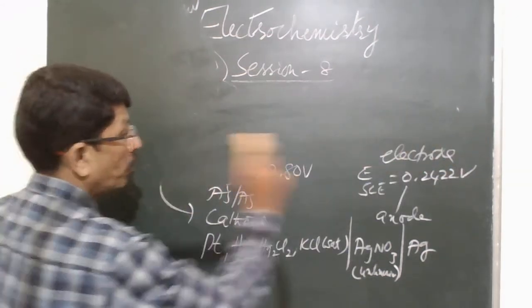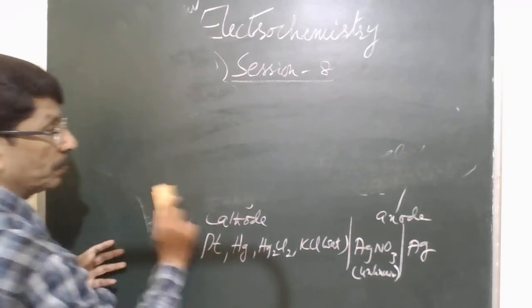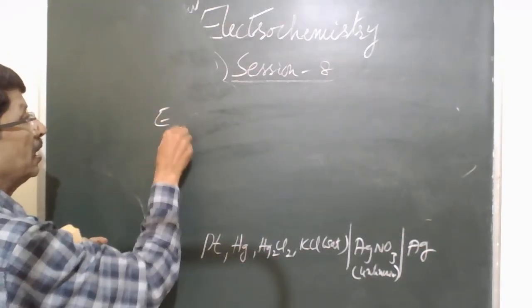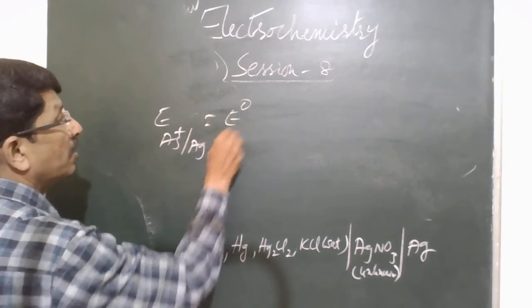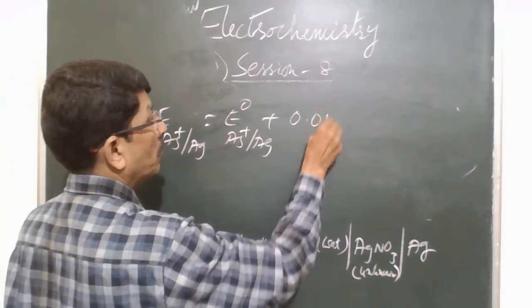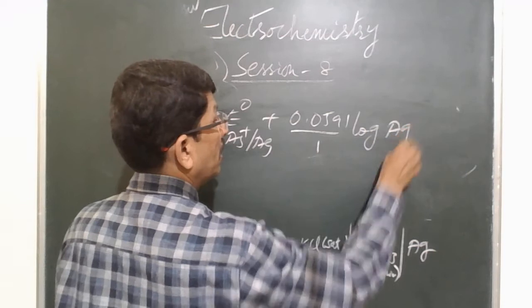And the electrode potential of the silver electrode is given by the expression E naught of silver plus 0.0591 by 1 log of Ag plus.